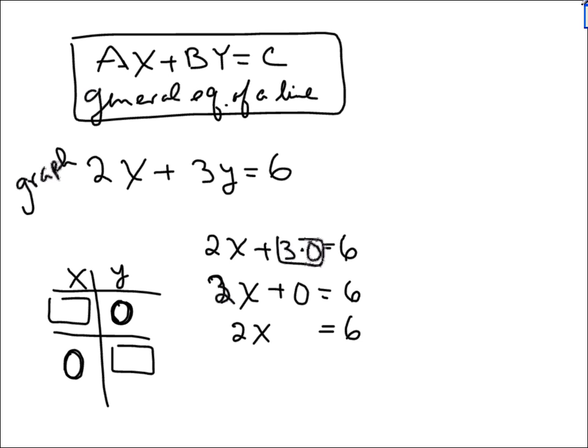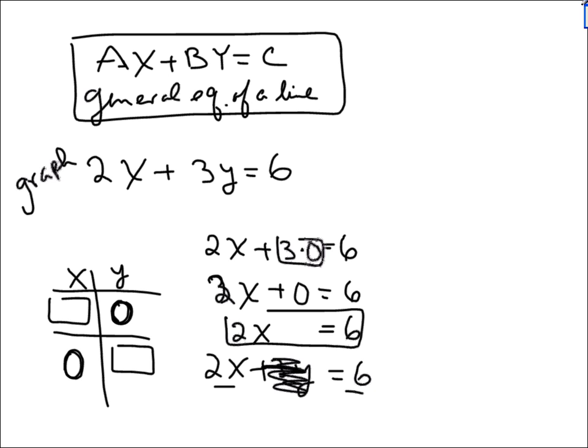The much quicker way: if you're letting y be 0, you just cross off the y term. You have 2x equals 6. You should get into the habit of asking, 2 times what number equals 6? Answer, 3. So it's (3, 0).